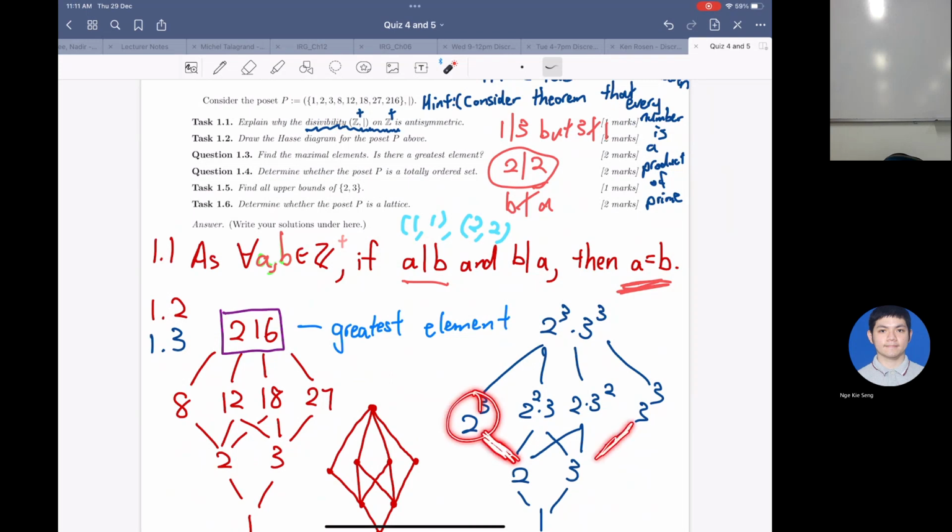The other number is divisible by 3. And I want to make sure that 12 and 18 are divisible by both of them. So I put one factor of 3 on 12 and a factor of 2 on 18. And then 216 is actually the LCM of this second level here. So I put all the factors in the LCM. This is how I build my Hasse diagram.